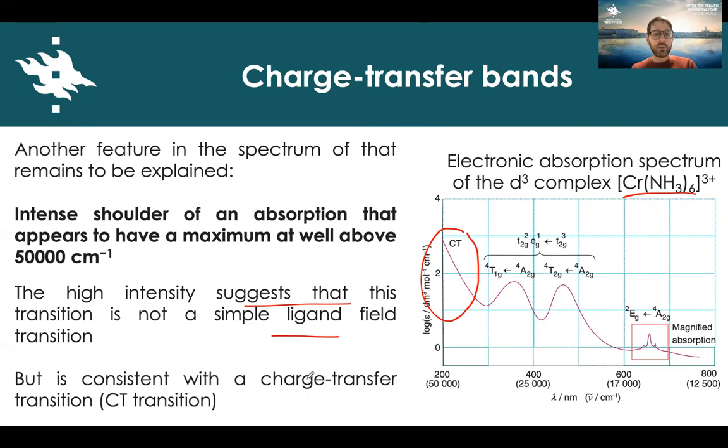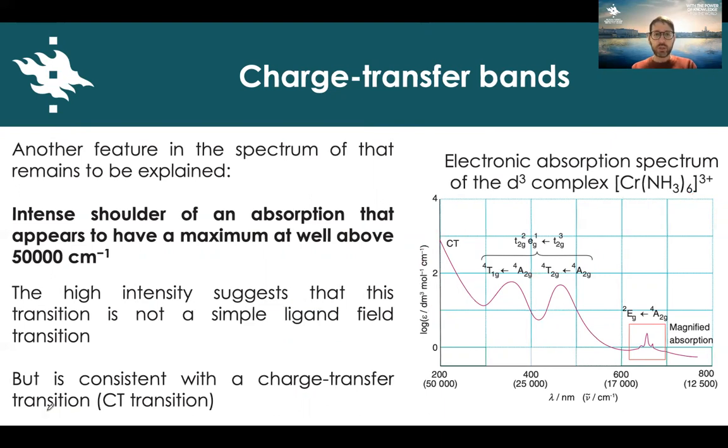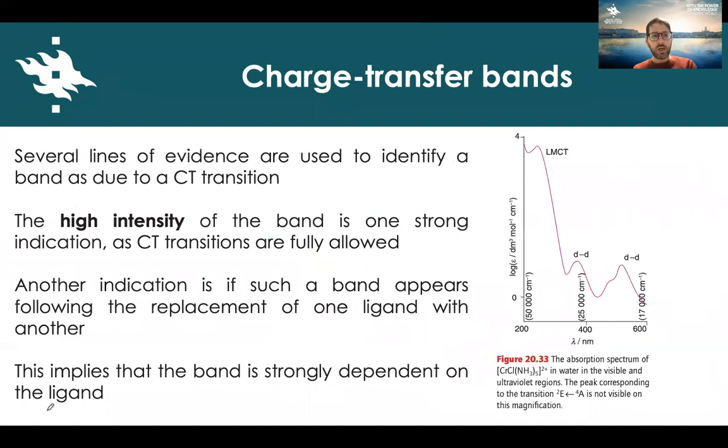And this is actually a charge transfer transition, which refers to transitions between orbitals that are located predominantly on the ligand and orbitals located predominantly on the metal. So the charge transfer bands can be from orbitals of the ligand to orbitals of the metal, or from orbitals of the metal to orbitals of the ligand, or from orbitals having more metallic character to orbitals having more ligand character.